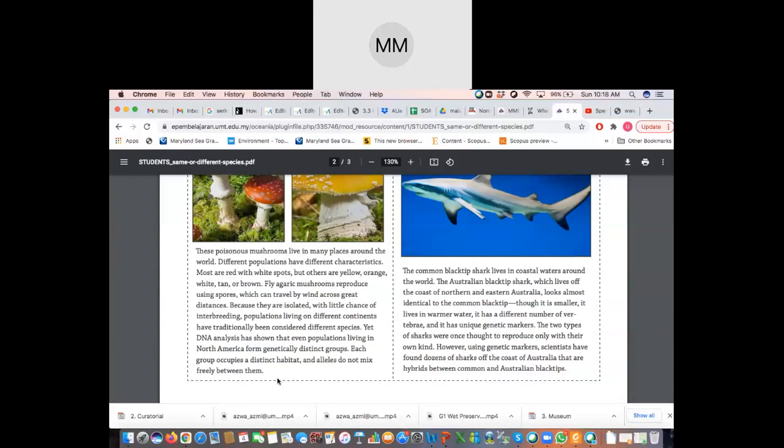So now the fact that it didn't quite mention here how long it was isolated, or the fact they don't produce hybrids and all. Okay, so Fatin says, all right, little chances of interbreeding. Okay, so little chances of interbreeding, so that makes it the same species? Is that what you mean, Fatin?